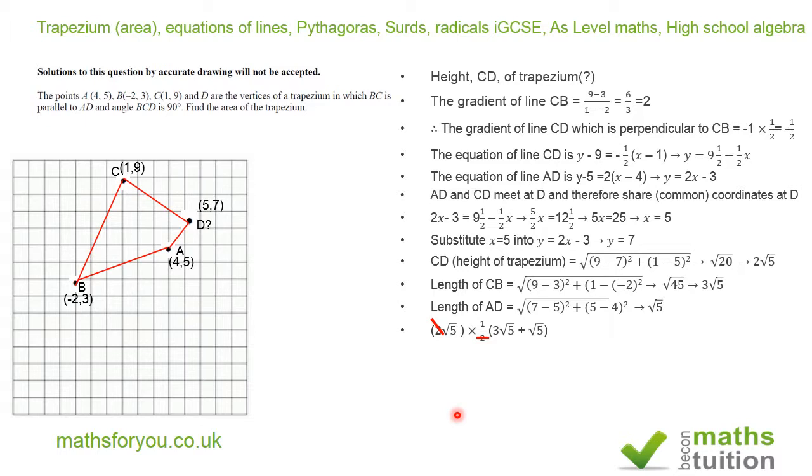So we now end up with the square root of 5 times the sum of 3 root 5 and root 5. Now, 3 root 5 plus root 5 will give us 4 root 5. So we now have the square root of 5 times 4 times the square root of 5. Of course, root 5 times root 5 will give us 5, and 4 times 5 will give us 20. So the area of the trapezium will be 20 units squared.